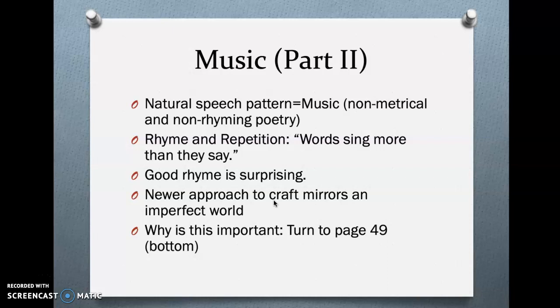You can just do a better job, even if you're not going to use music intentionally in your writing. It might help you in your revising, it might help you in your reading of other things. So I love that at the bottom, and he emphasizes why this is so important to us as writers.